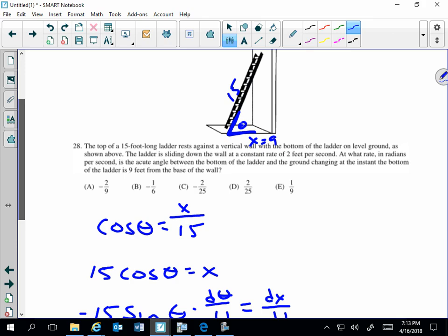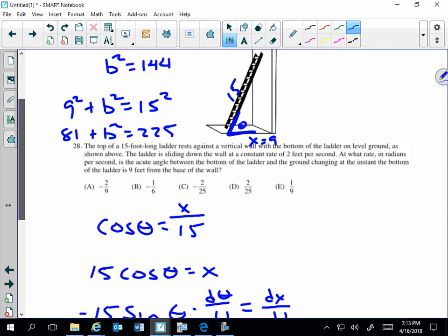Well, I got a 9, I got a 15, so I have to do a squared plus b squared equals c squared. If you know your special right triangles, we could have done this as a special right triangle. But I get 81 plus b squared equals 225. I subtract 81, and b squared equals 144.